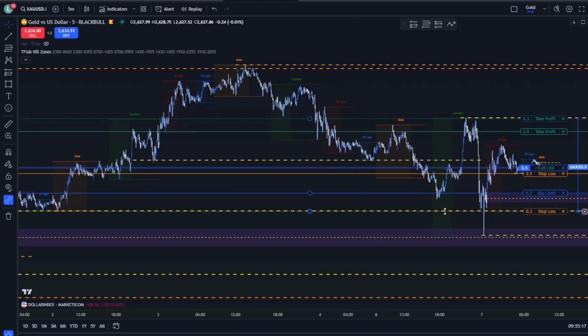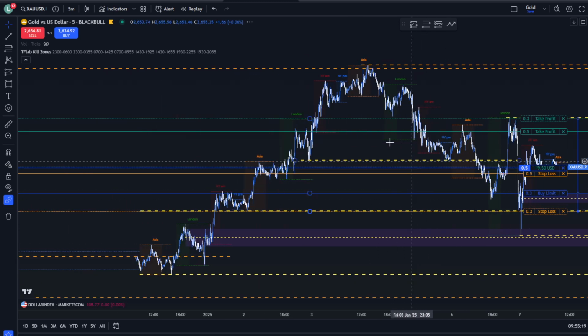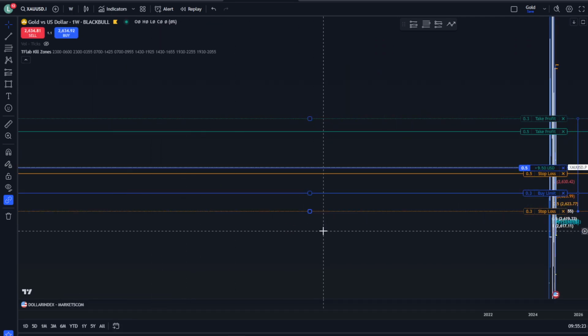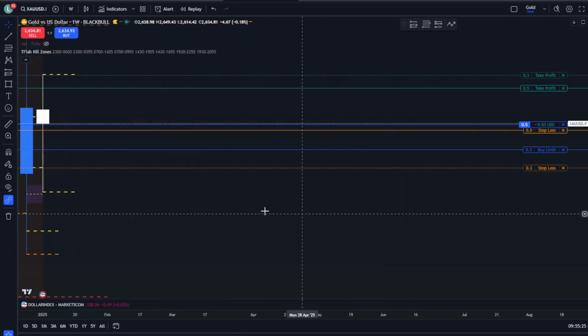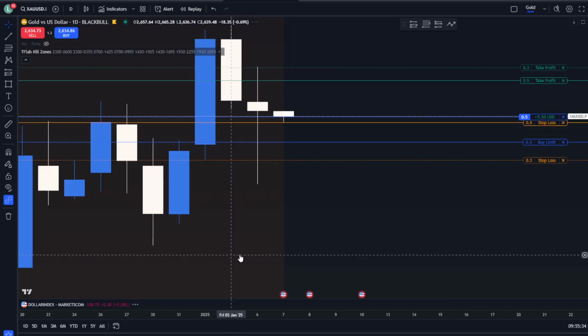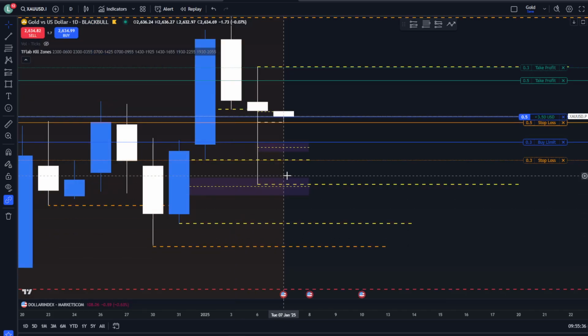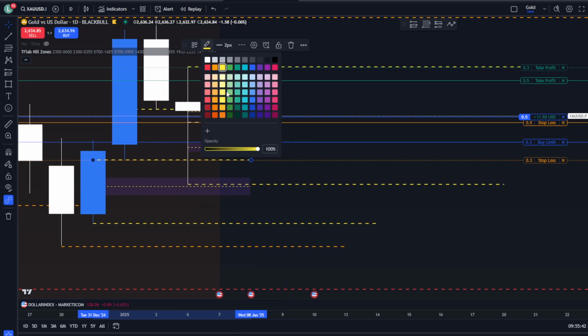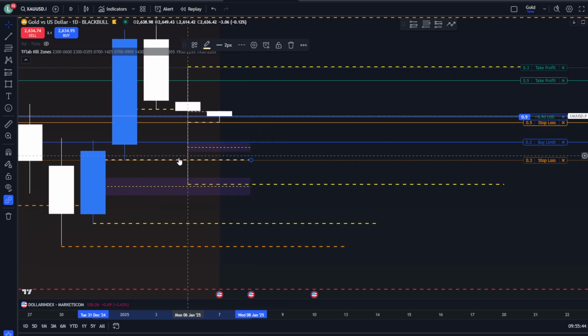Are these weekly lows or daily lows? Let me have a look. Weekly lows. We grabbed daily lows.